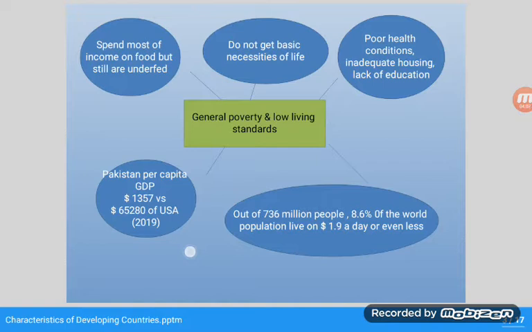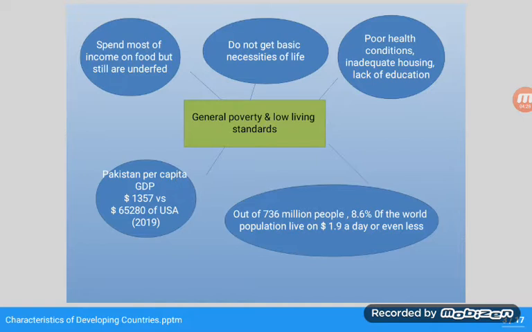Now what do we mean by this figure? Actually, if you want to see whether a country is poor or not, whether people are enjoying a good standard of living, you usually look at indicators, and per capita GDP is one of those indicators which show the general living standards of the people.